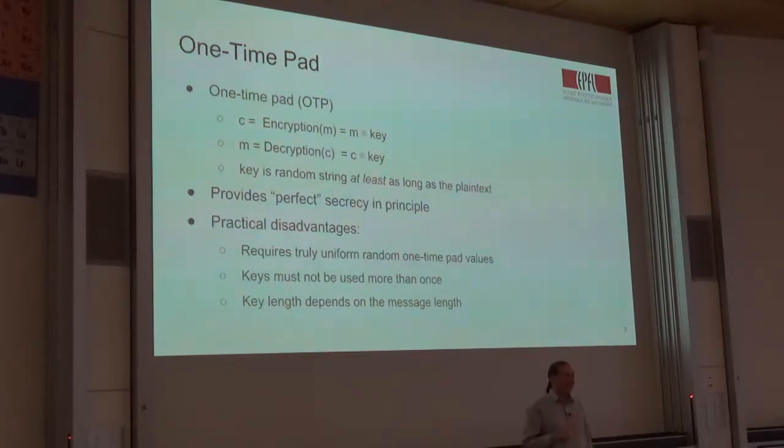What goes wrong? If we use it twice, then if we XOR the two ciphertexts that were produced with the same key, we will actually receive some information about the messages. Exactly. So if you ever use the same key twice to encrypt two different messages, then the attacker can just take those two ciphertexts and XOR them together.